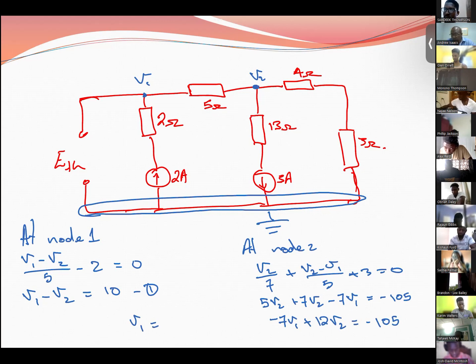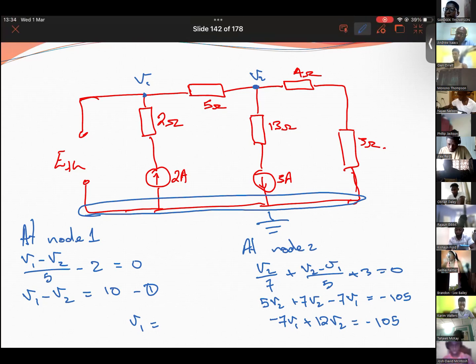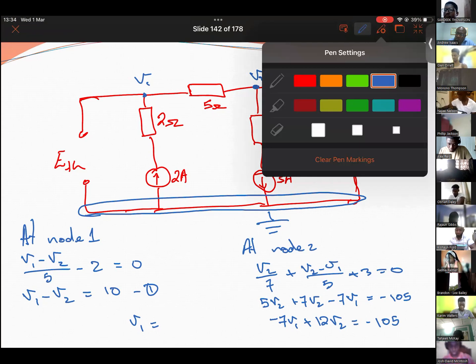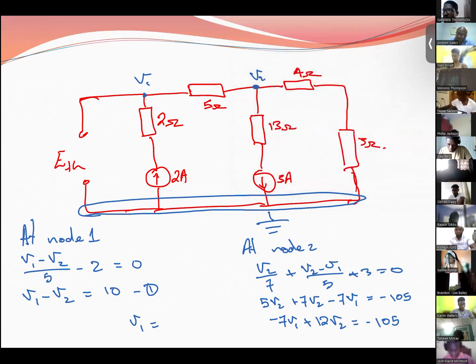V1 is equal to... That wouldn't be correct. 3, sir. 3. All right, so V1 is equal to 3 volts.